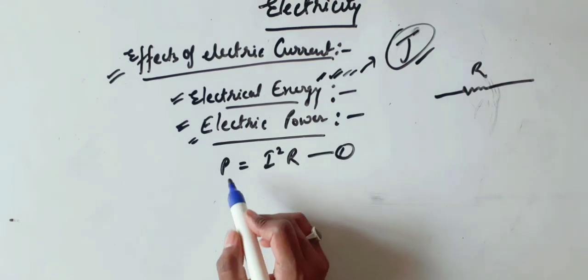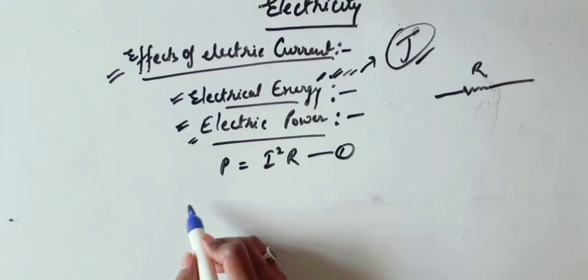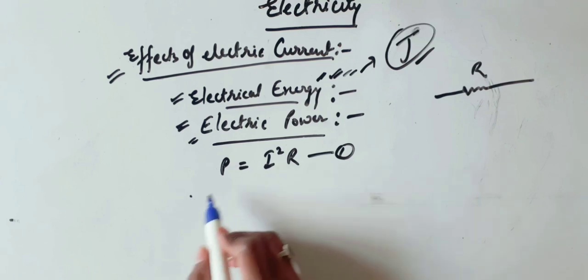Now from this formula P equals I square R, we will derive some more formulas.